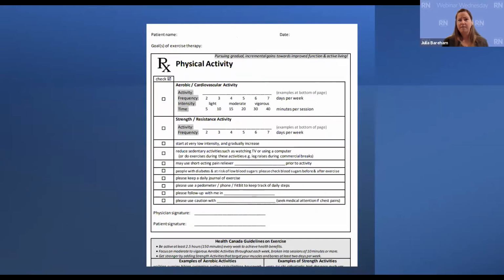Other resources you might find related specifically to type 2 diabetes: an exercise prescription. We tried to make this a bit more realistic, because not everyone is already physically active. We want to recognize that we might be going from the couch to our first time doing exercise in a long time. We've got some information about what's realistic for aerobic and strength activities.